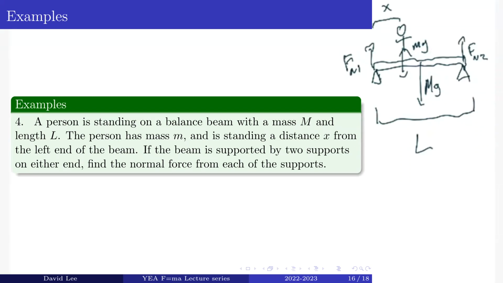So, there are two unknowns, which means we'll need two equations, right?